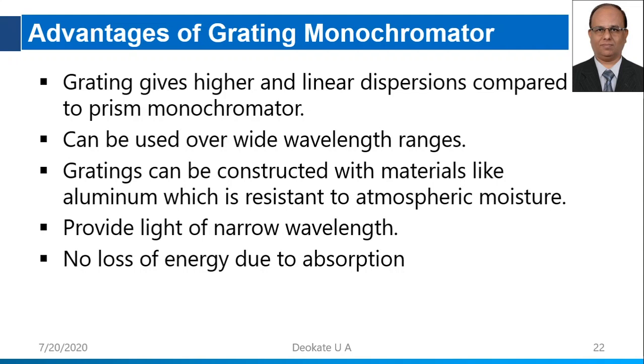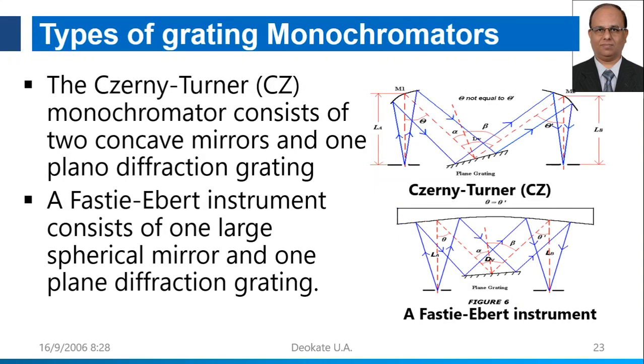Gratings are most commonly used in the IR region because a prism, if made from alkali halide material like sodium chloride, cesium bromide, or certain bromide salts, has a tendency to absorb moisture, and a fogging effect, a whitening of the prism, will occur. So they may produce problems. Instead of prisms, they use gratings for the IR region. There is no loss of energy due to absorption. As they are diffraction gratings, there is no loss of energy.